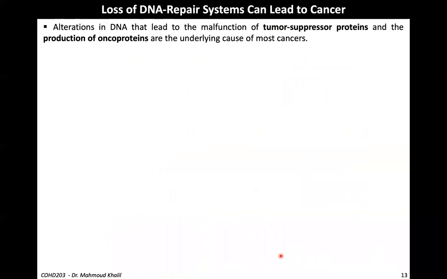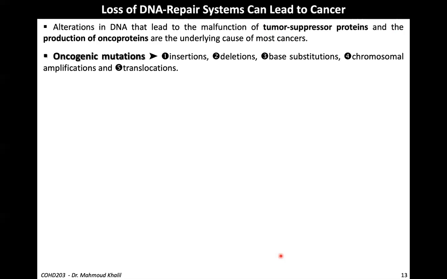So let's talk about how any damage to the DNA repair system can lead to cancer. An alteration in DNA that leads to the malfunction of a tumor-suppressor protein, one of the major tumor-suppressor proteins, as we said initially, is p53, can lead to oncoproteins. So we have alterations in tumor-suppressor proteins and the production of oncoproteins, which underlie the causes of most cancers.